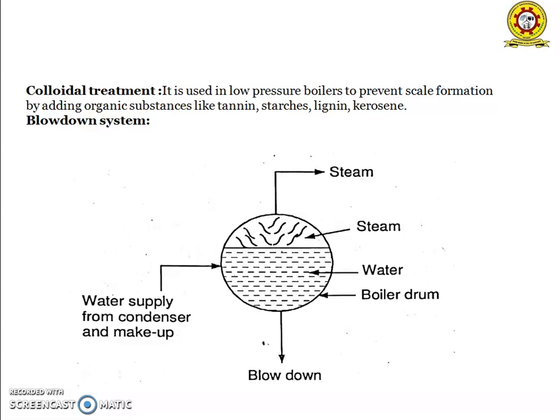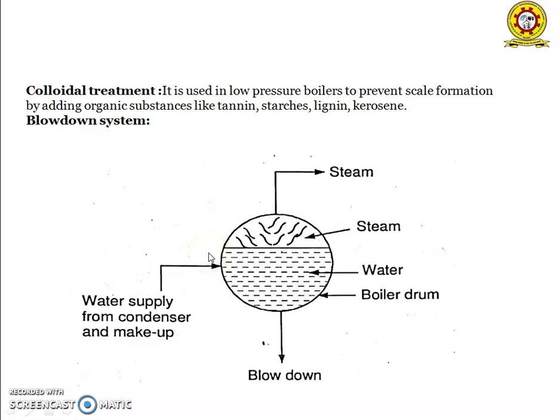It results in the formation of non-sticky and loose deposits similar to sludge, which can be removed by blowdown. So after the colloidal treatment, blowdown treatment must follow. The next one is the blowdown treatment.